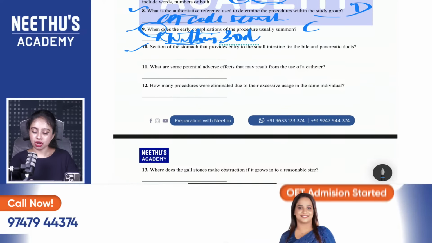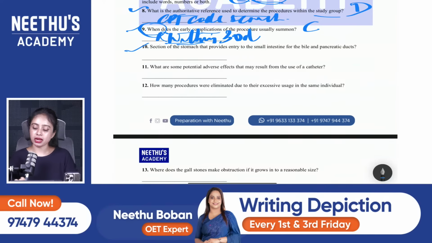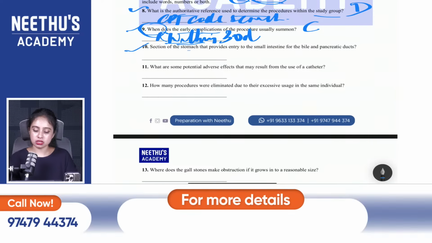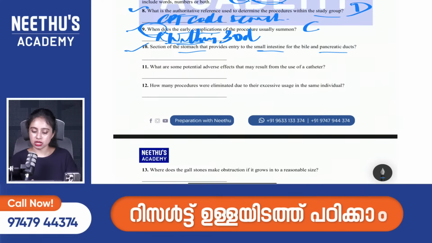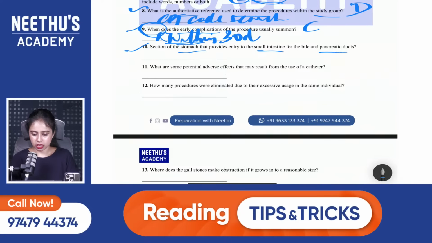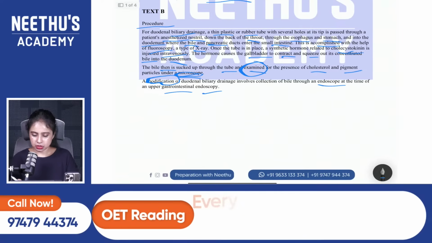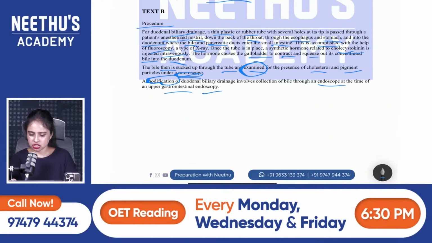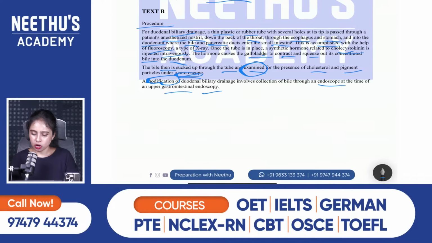10th one, section of the stomach that provides entry to the small intestine for the bile and pancreatic duct. So keywords: stomach, small intestine, and pancreatic. These are my keywords from the question, and I think it's a little bit lengthy question. I think it's all mentioned in text B. Here in text B, something is mentioned regarding the hormone causes gallbladder.